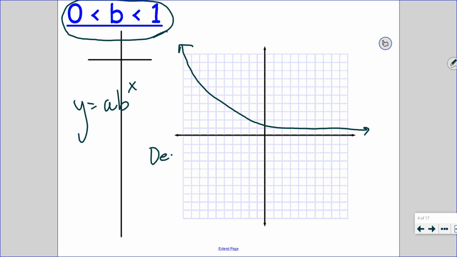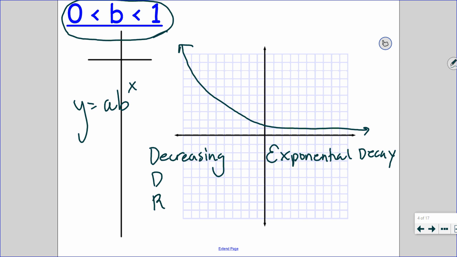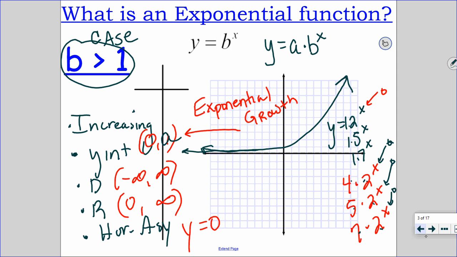I already told you guys this one was decreasing. It's called an exponential decay, right? Exponential decay. So does the domain change? Does the range change? Does the horizontal asymptote change? Does the y-intercept change? I think those are the 5 things I had on there.